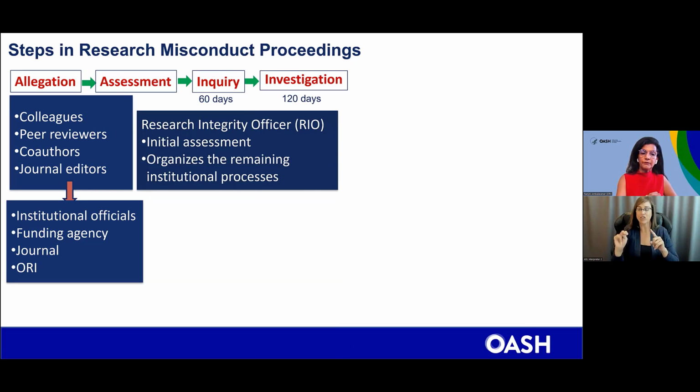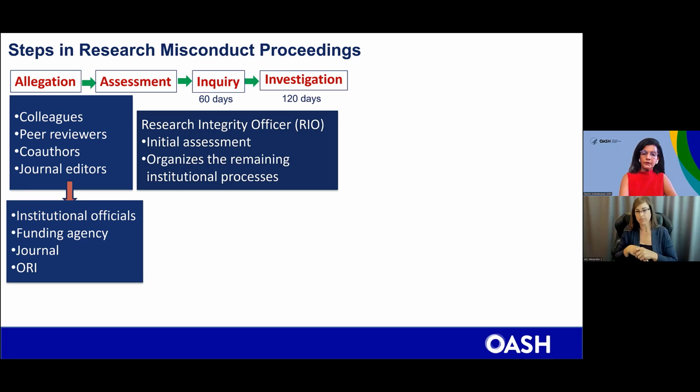If it comes to us, ORI investigators will do the initial assessment and forward it to the institution. Once forwarded, an institutional research integrity officer will organize the remaining process, which involves an inquiry. And if the inquiry determines a further look is important, then an investigation follows.